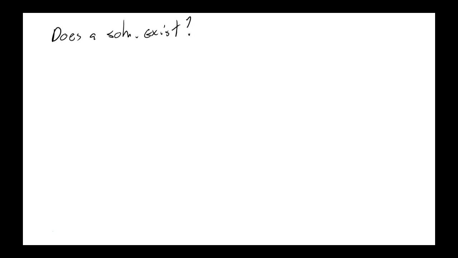And if a solution exists, is it unique? So, if yes, is it unique? Now, what that means is that the only solution, or are there other solutions that might be valid and may actually be the ones that work?